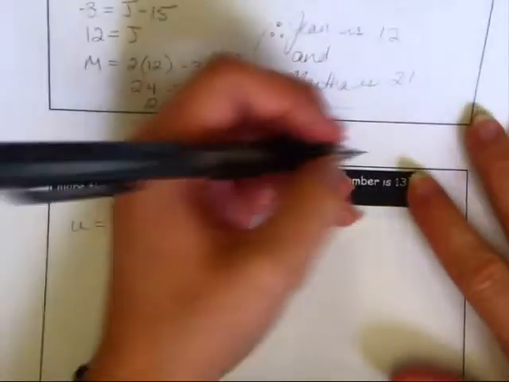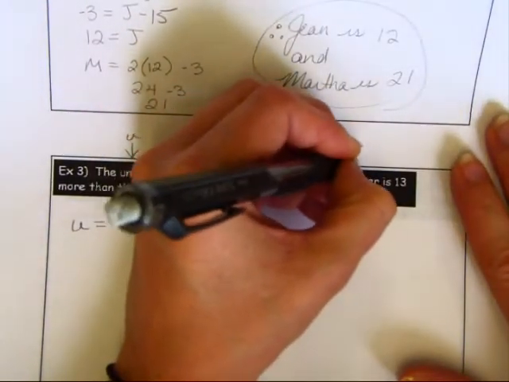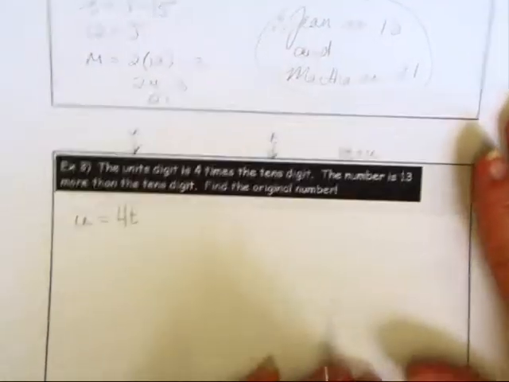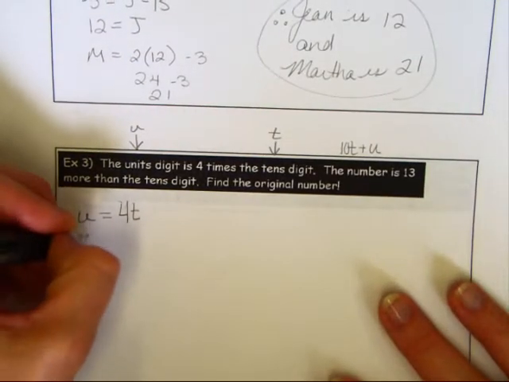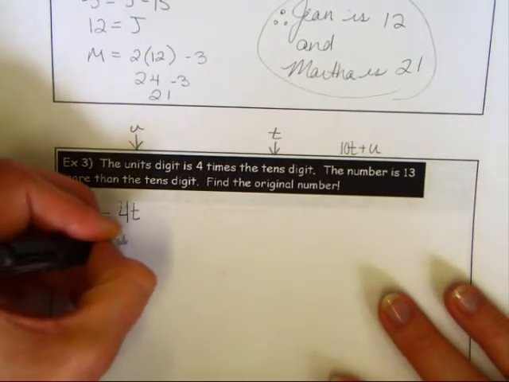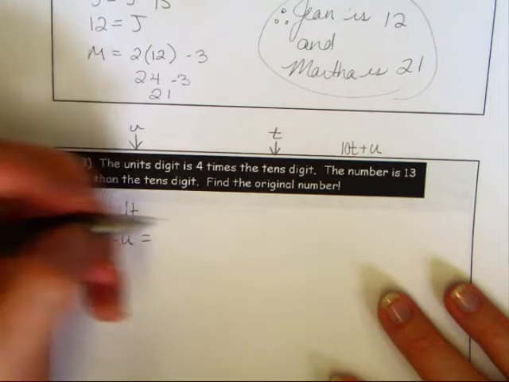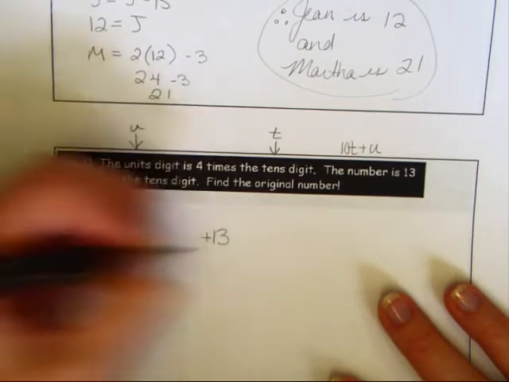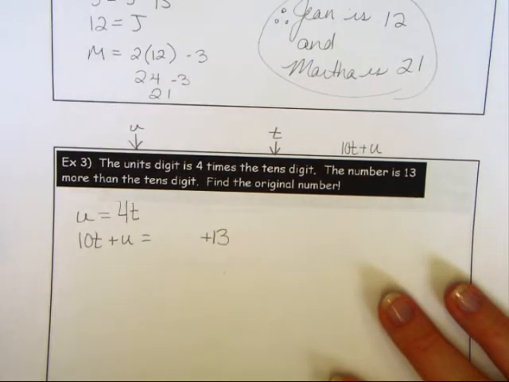The number is 10t plus u. You might need to rewind and review why. The number is 13 more than the tens digit. There's your second equation. You've got two variables, you have two equations, you are ready to solve.